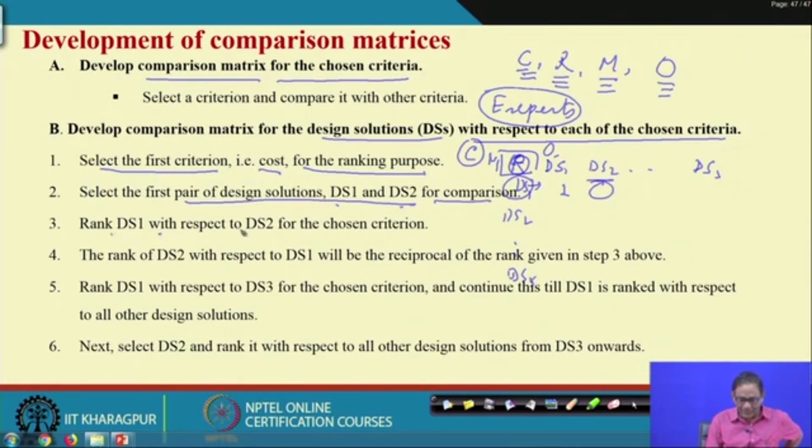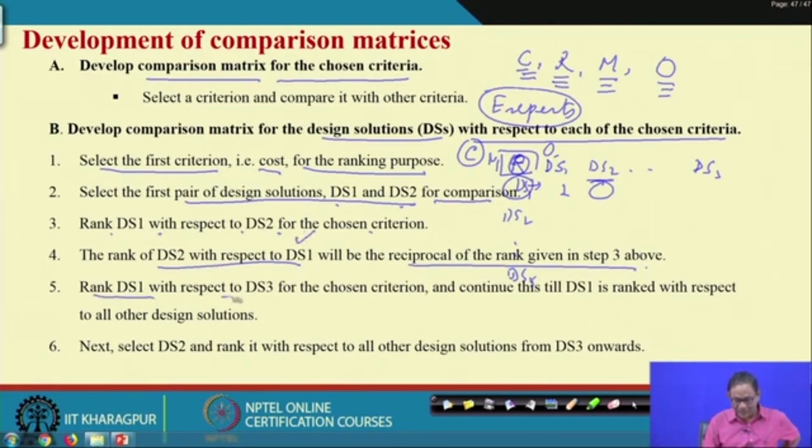Select the first pair of design solutions, DS1 and DS2. Rank DS1 with respect to DS2 for the chosen criterion. That means you will have some scale, which we will discuss, to get some values. Then rank DS2 with respect to DS1, and the reciprocal will be the rank given in the previous step.